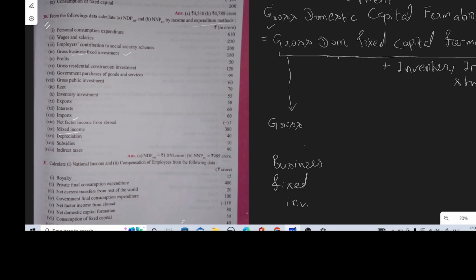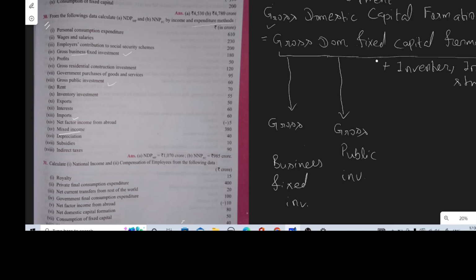Then government also makes fixed investment. That is investment on the roads or infrastructure, laying of railway tracks or laying of highways or bridges, etc. That is the fixed investment by the government, and that is called by the name gross public investment. You can see it here.